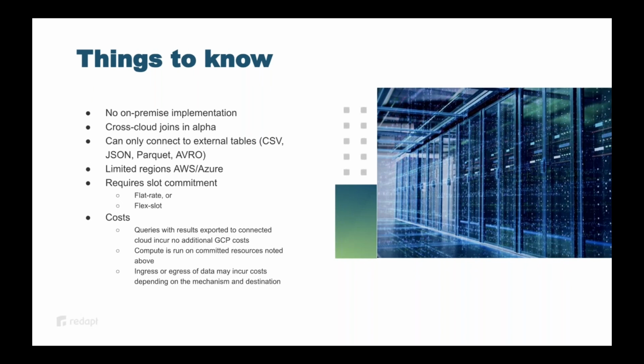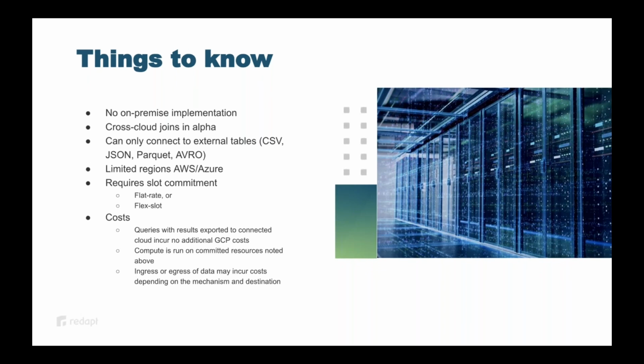So if we were to take our example of our mobile data and our IoT data, those queries would have to be run separately. There's no join between those two queries. That's in alpha right now. I can't give you a timeline on when that would be available. So visualizing that would be required. You'd have to work with your visualization tool to see how to make that connection.